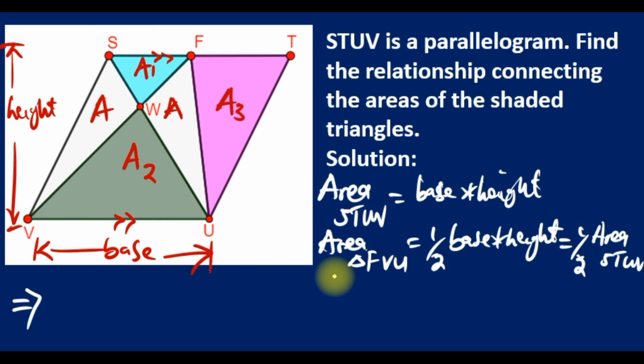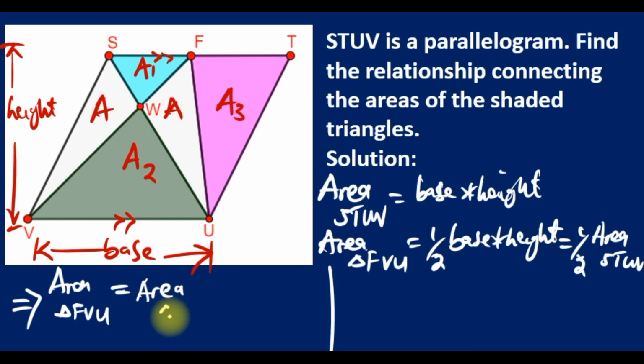Which implies that area of triangle FVU is the same as the sum of the area of this and this, that's triangle SFV and area of triangle FTU. Since both are half, making the two equal. So what am I saying?